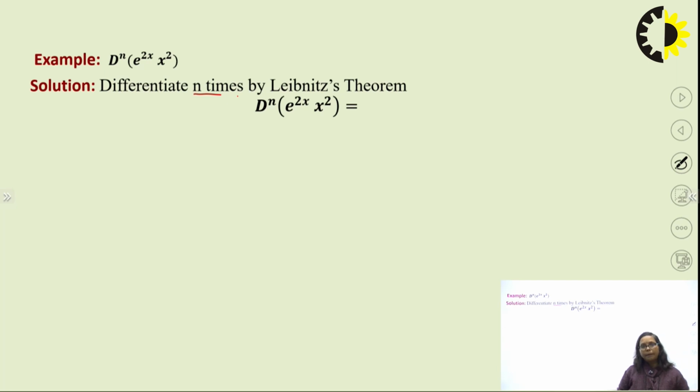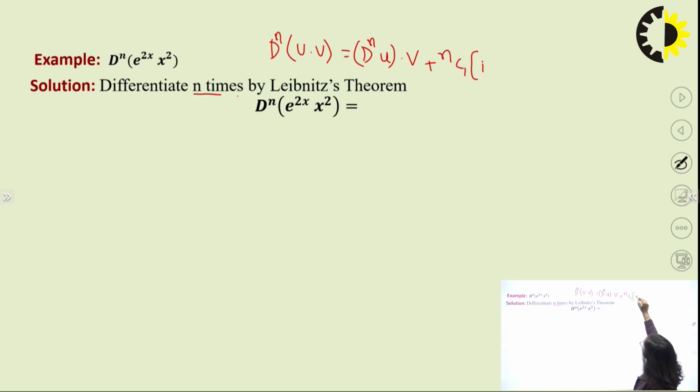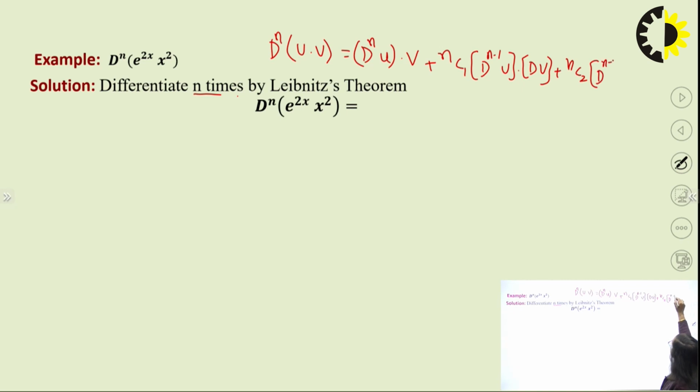If you remember the statement discussed in the last slide, the nth derivative of the product of two functions u into v is the nth derivative of the first function u into the second function v as it is, plus nC1 (n minus 1)th derivative of the first function u into the first derivative of the second function v, and so on, nC2 (n minus 2)th derivative of u and second derivative of v, and so on.